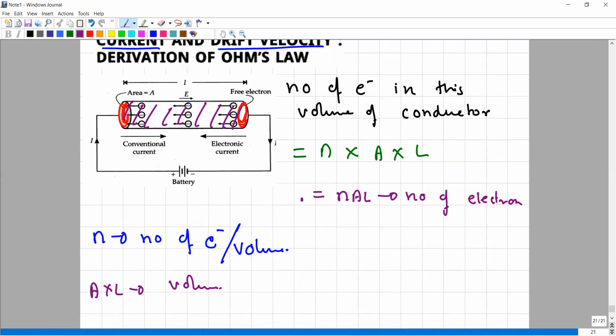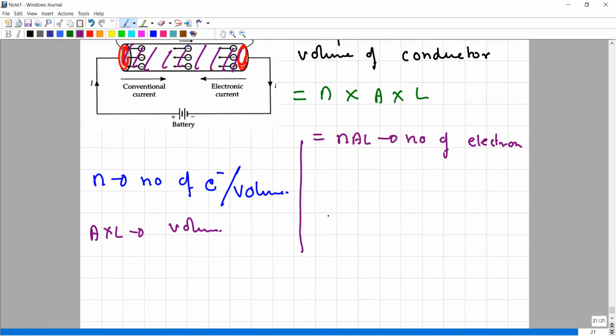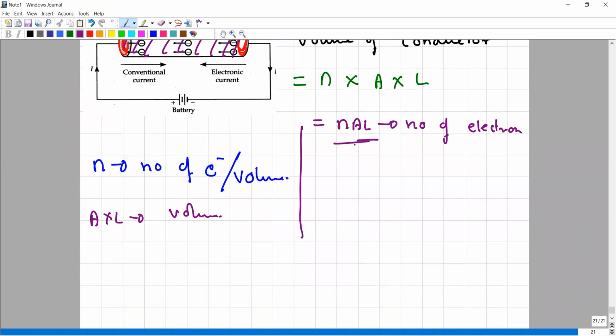Now I want to know the charge on these electrons. The net charge on all these electrons will become the charge times the number. Each electron is carrying a charge e.